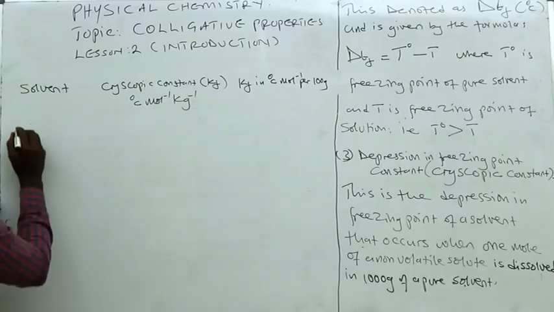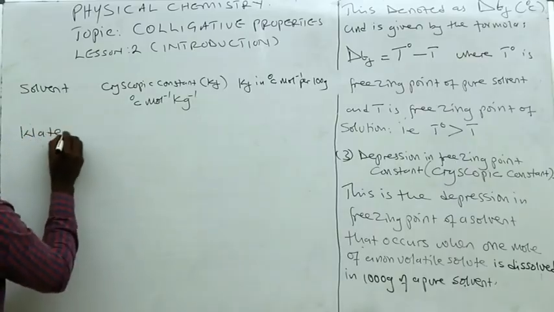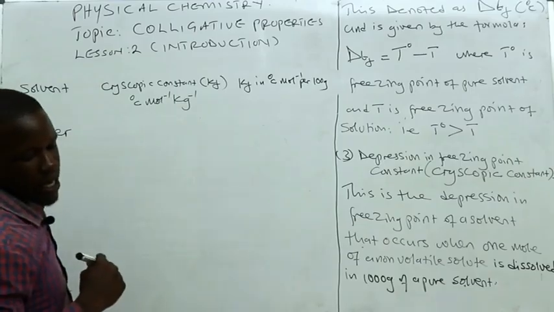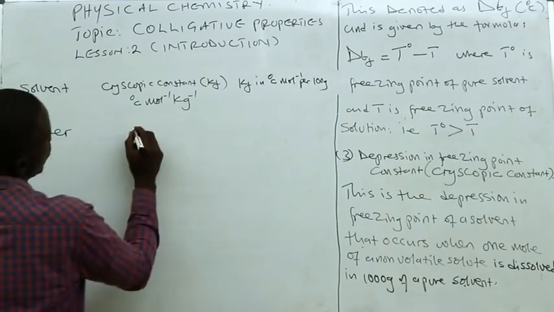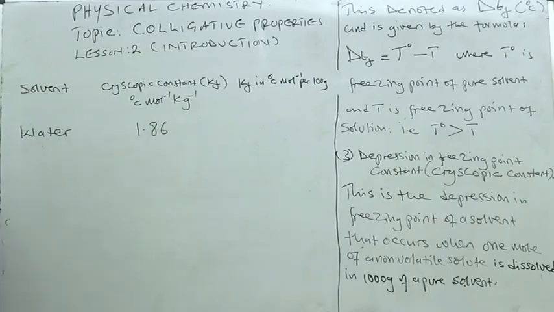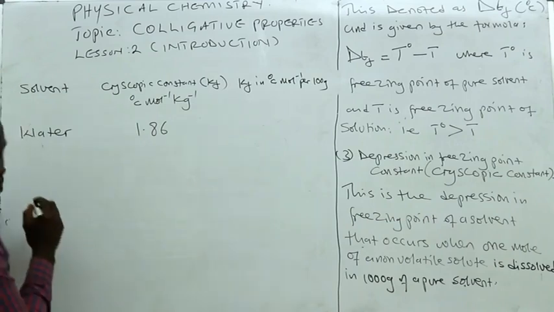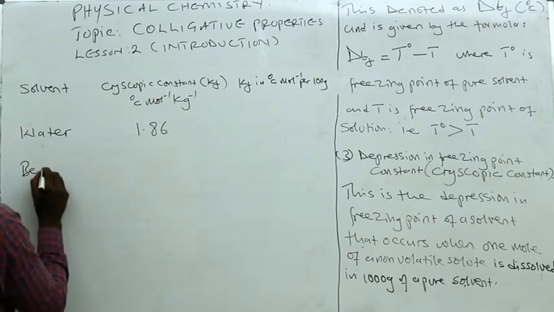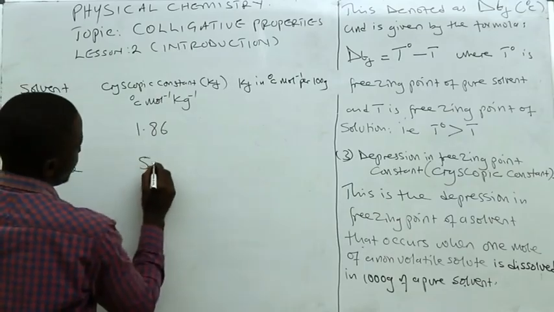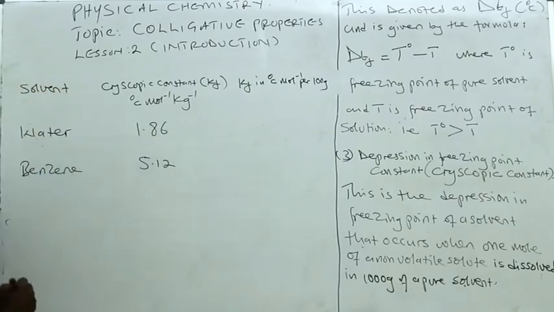Let's look at some few. One of them is water. The known cryoscopic constant per kilogram is 1.86. The other one is benzene, another solvent. Benzene is 5.12.